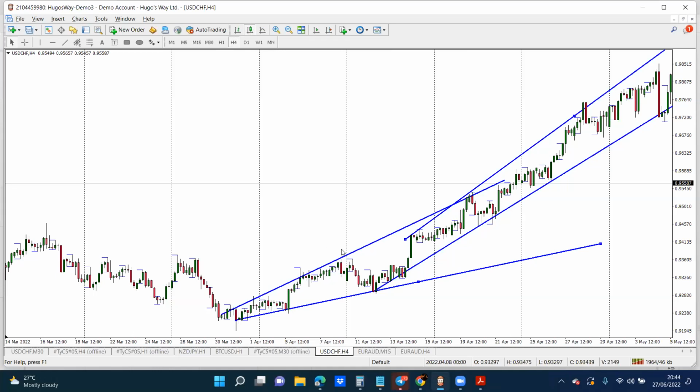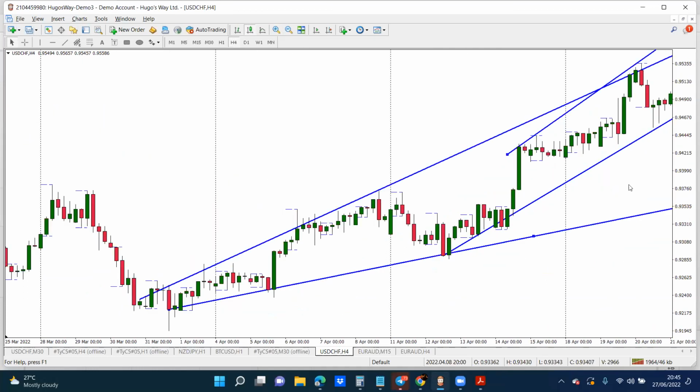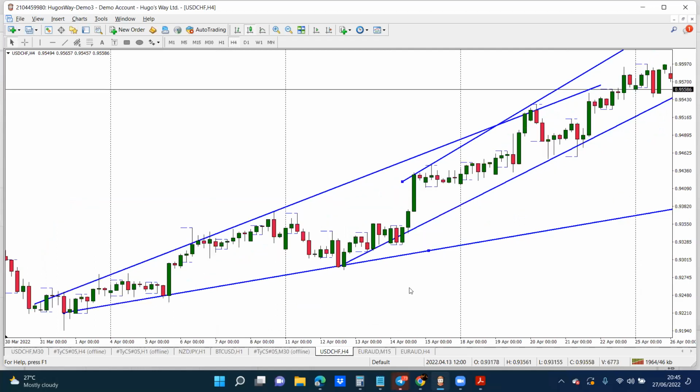When it's coming back the third time, I'm looking for a reason to buy, based on the candlestick patterns we explained last week. What did you notice when price came toward this region? You had a bullish inside bar, a large bearish candle, followed by a small bullish candle, which is a bullish inside bar. And I'll go back here and show you again.